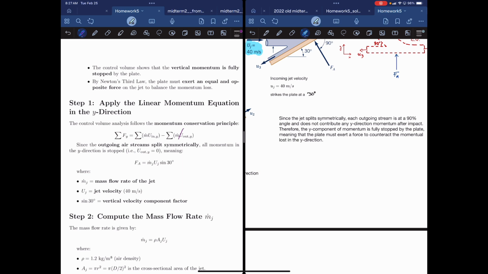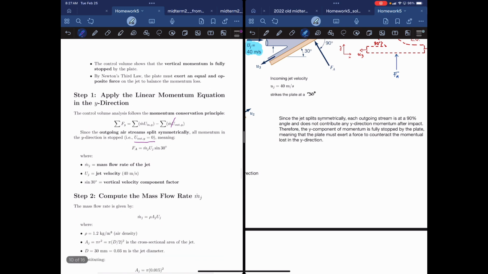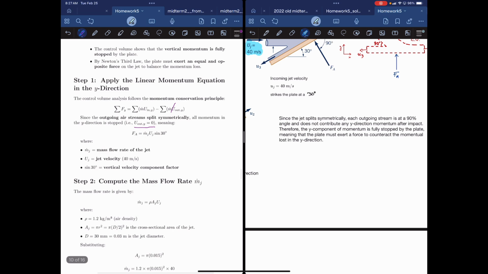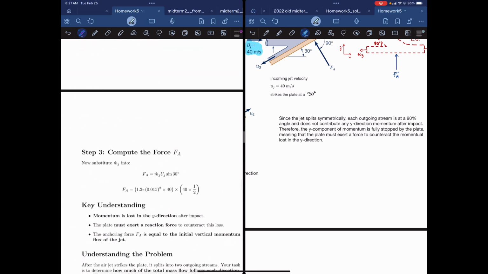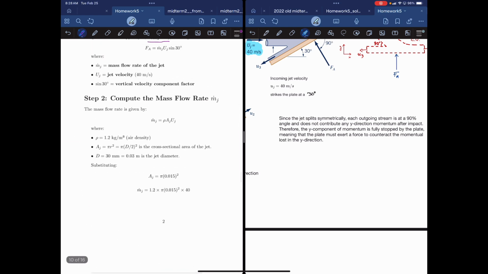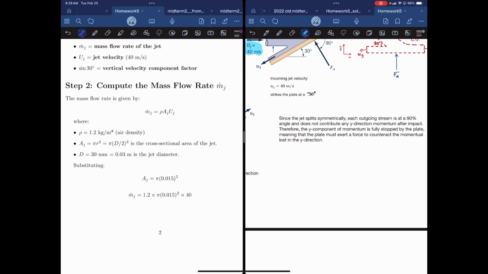This will cancel out, and you're just left with u out equals 0, which we were just talking about. Since the outgoing airstream split symmetrically, all the momentum in the y direction is stopped. So we're just left with Fa equals m dot j uj sine theta. This was pretty simple. Let me know if you have any questions for 1.1.